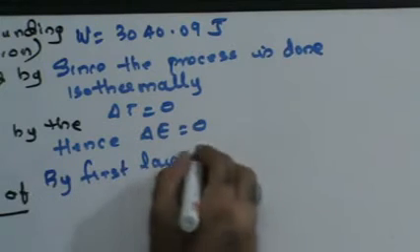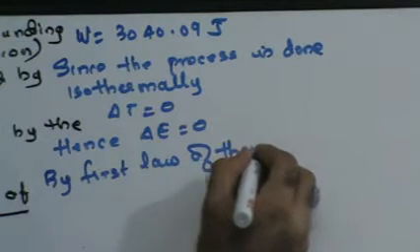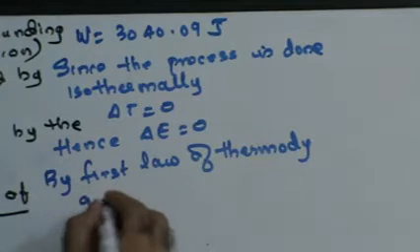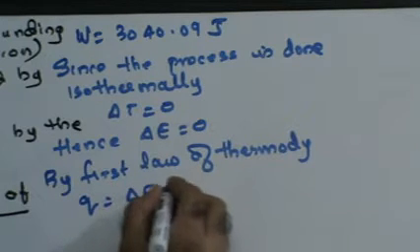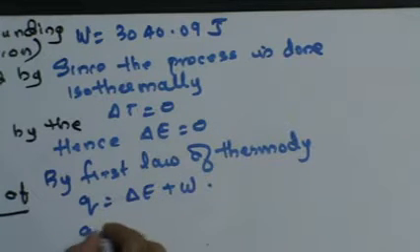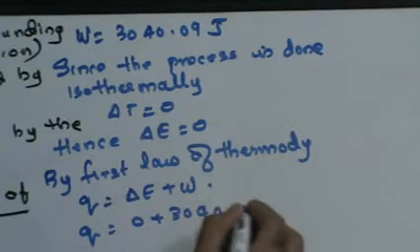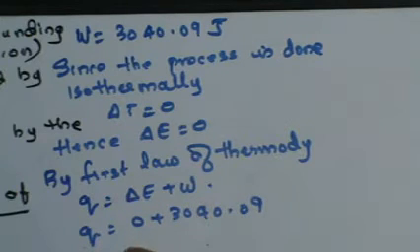By the first law of thermodynamics, Q is equal to delta E plus W. So Q is equal to 0 plus W, 3040.09. So Q will be 3040.09 joules.